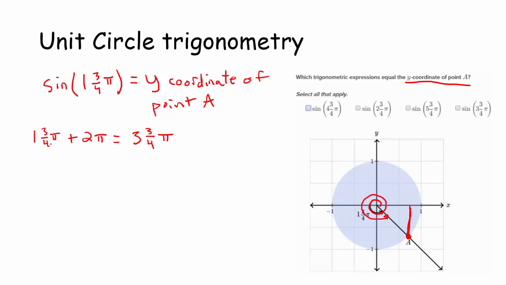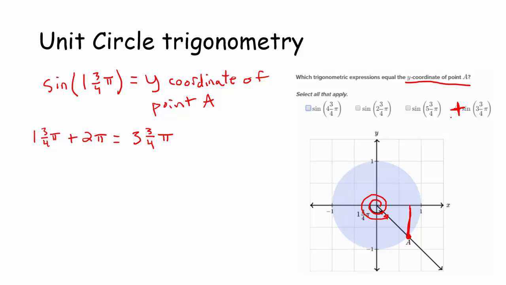So 1 3/4 pi and 3 3/4 pi are the same angle. From standard position, I would land at point A in both cases. So the sine of 3 3/4 pi is the same as the sine of 1 3/4 pi. Both of those are the y value of point A. So definitely that is one of my answers.